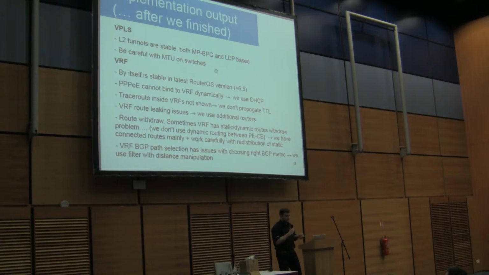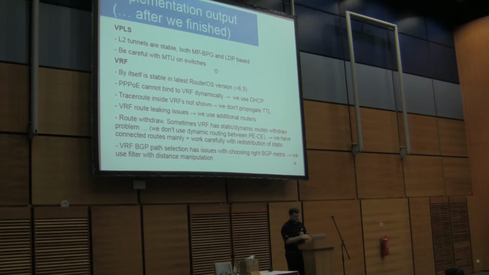So that's why we do not redistribute dynamic protocols to VRF. We redistribute connected routes. And when you redistribute connected routes, it works well. I will show it on the topology later. And when we redistribute static routes, we are very careful with their removal. When we remove the static route, we check several times that it was removed from all the dynamically propagated routers.